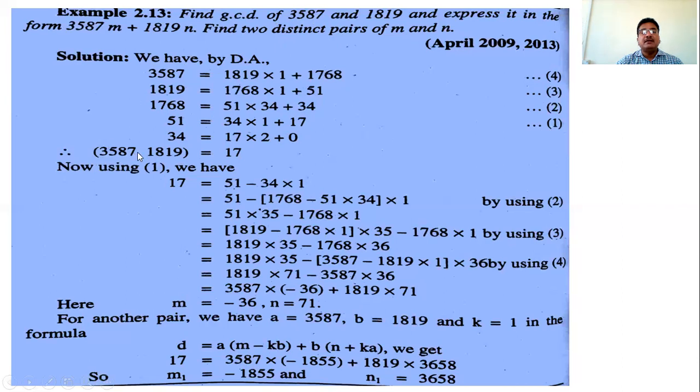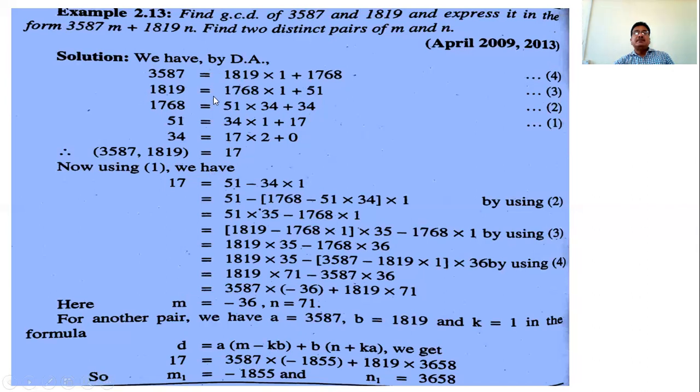Write it in a round bracket with a comma; this is the notation to denote the greatest common divisor of 3587 and 1819. Instead of this, write that the greatest common divisor of 3587 and 1819 is 17. The last non-zero remainder is the greatest common divisor of the given two numbers.